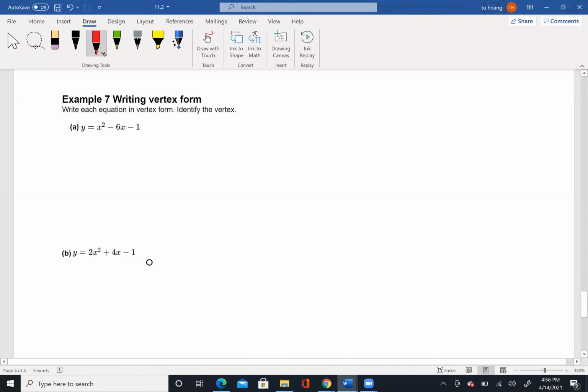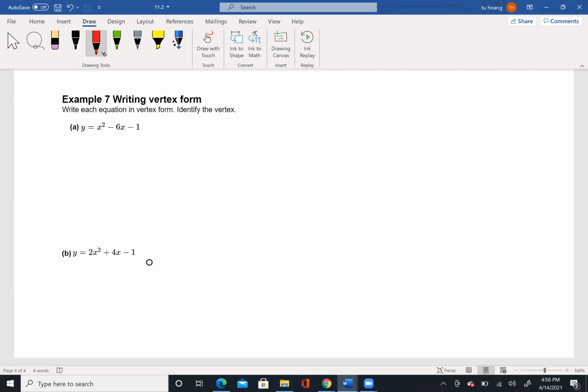But I know that from the previous session you will go by number 5 easily, so I will show you by completing the square, and I hope you will enjoy this.